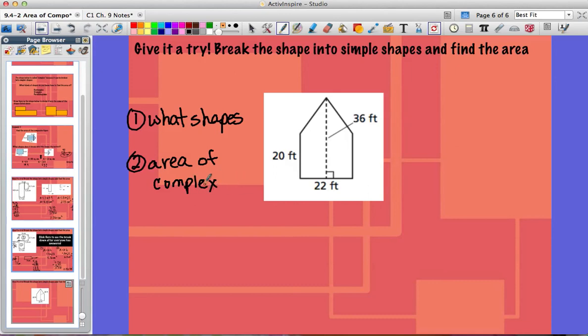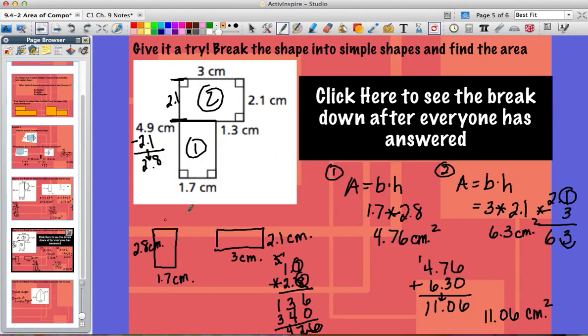Okay, you can do this as one post. So for an example, for this one, your post would be 2 rectangles, and then your area was 11 and 600 square centimeters.